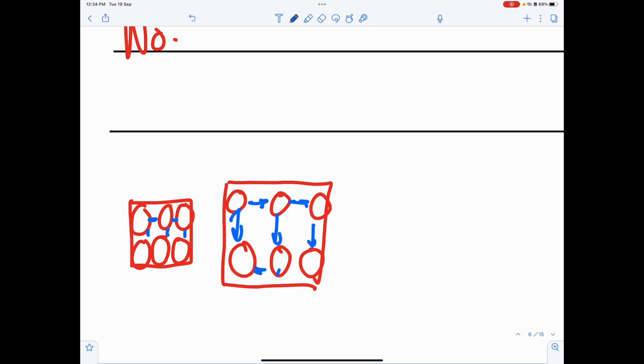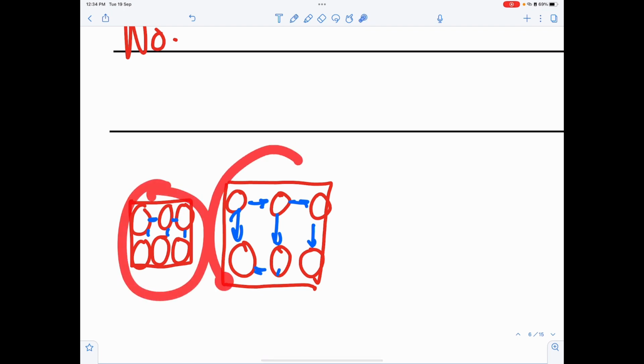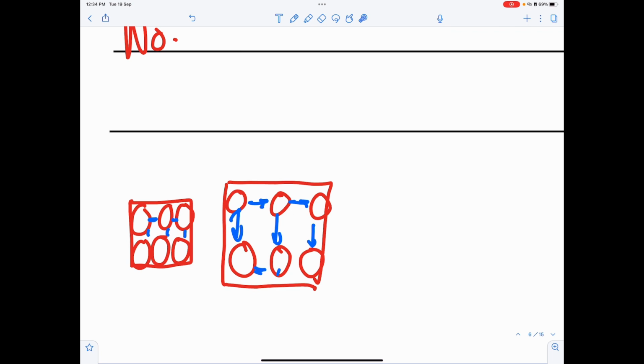Remember, the definition of mass is the amount of substance that makes up a particular object. The amount of substance. So in this case, if there are 6 and this part also 6, it didn't increase at all.